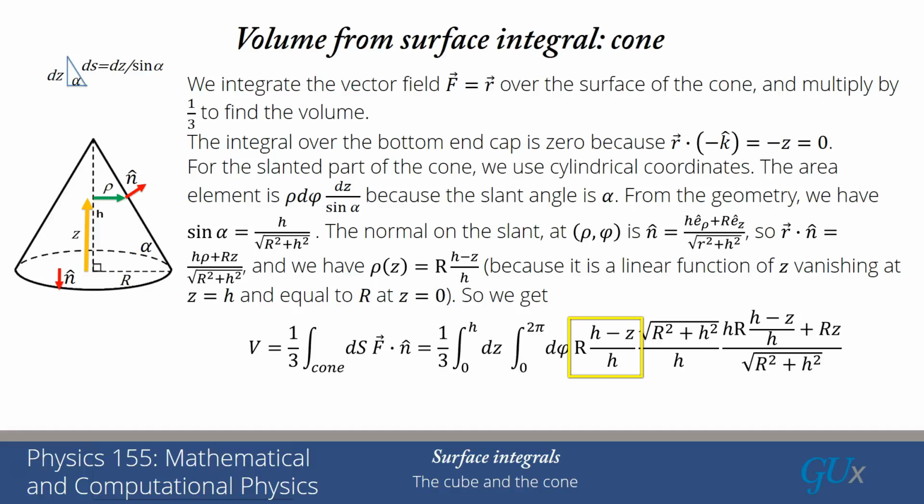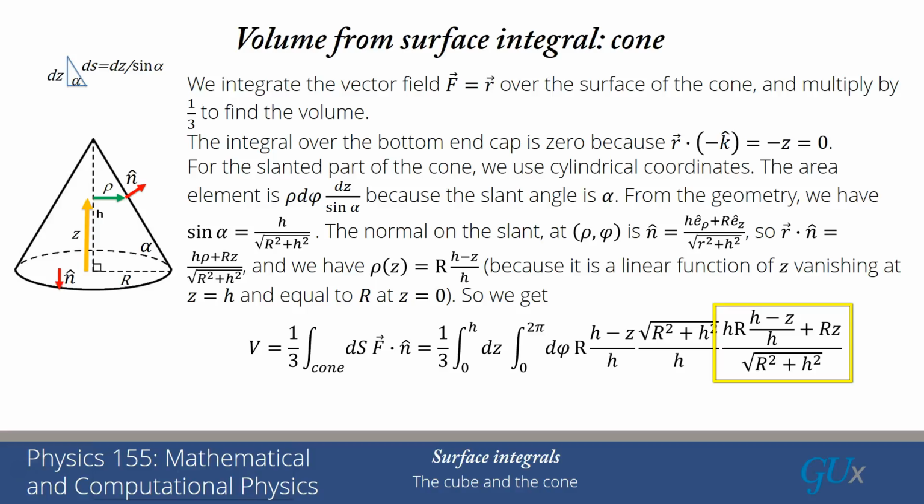Rho is equal to R times h minus z over h. Then I have the term that corresponds to the 1 over sine alpha. That's the square root of R squared plus h squared over h. And then I have the term that corresponds to h rho plus Rz over the square root of R squared plus h squared.